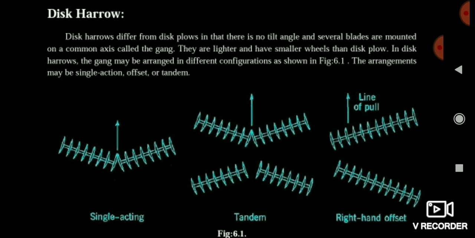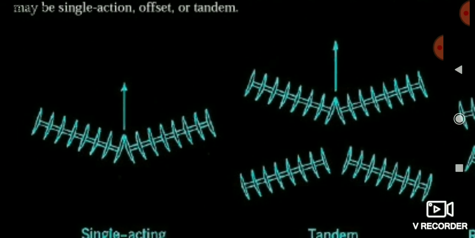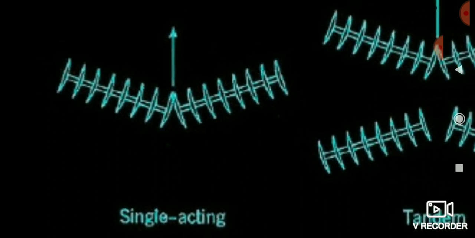Here friends, you can see that single acting disc harrow. I will zoom it. You see here, in case of single acting disc harrow, there are 2 gangs present. You can see here it is in the shape of V. Means it is making the V shape, and for making the V shape, friends, two axes are needed.